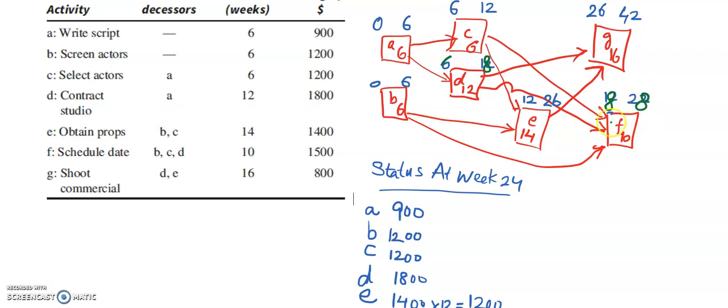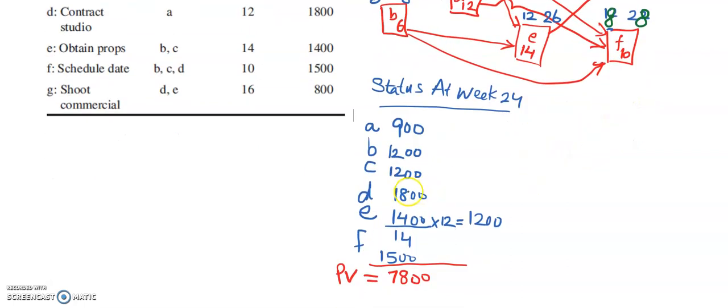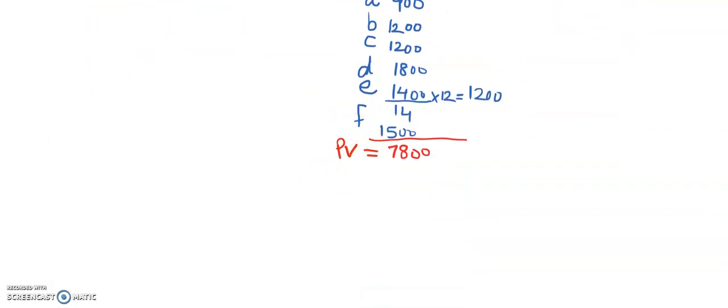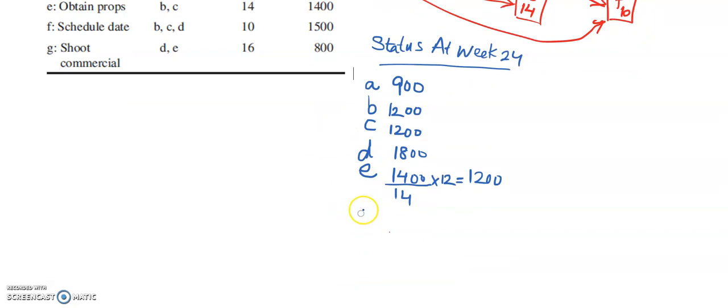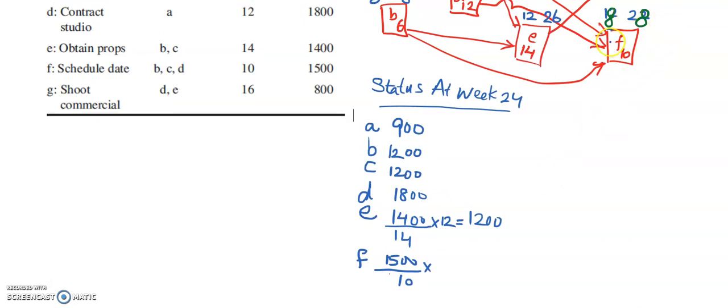So in this case, now F starts at 18. So the planned value of F: the total value was 1500 for 10 days, and out of this, the period in that time is from 18 to 24. It's 6 days, so that means it will be 900.